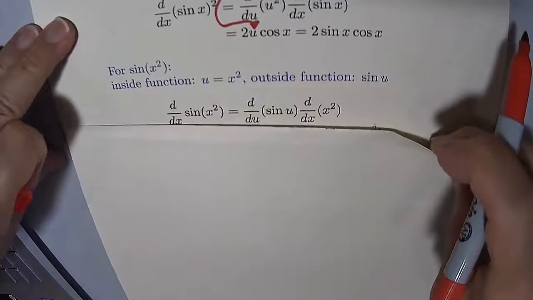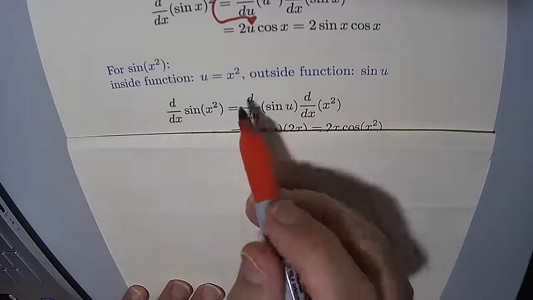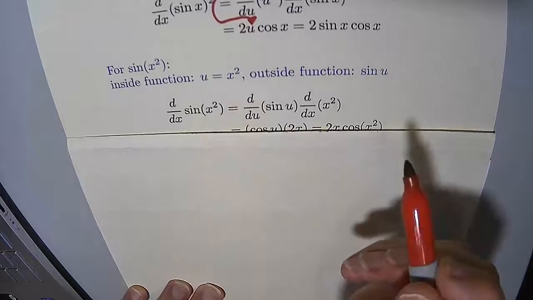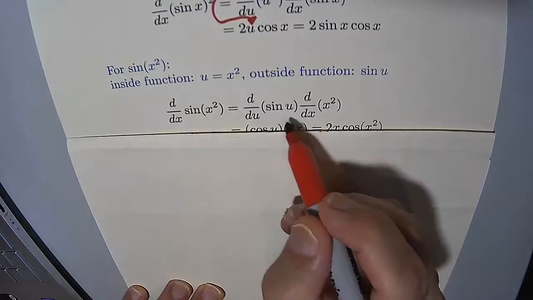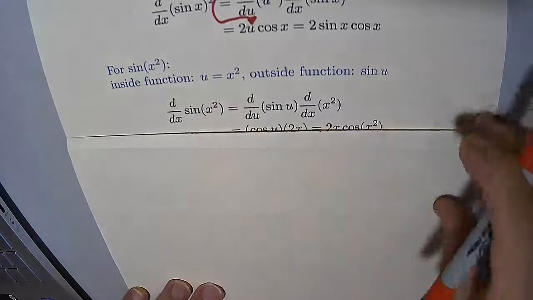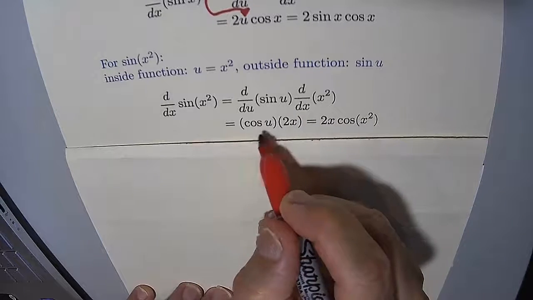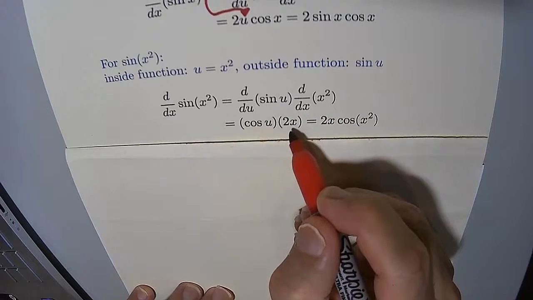But the chain rule applies the same way. Derivative of the outside function here, which is sine u, times the derivative of the inside function, which is x squared. Derivative of sine u is cosine u. Derivative of x squared is 2x.